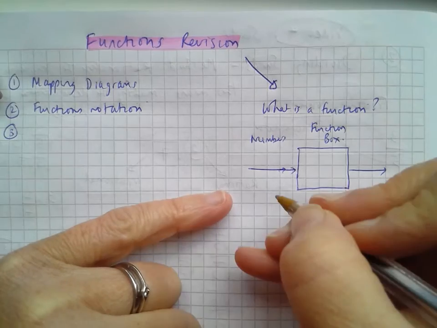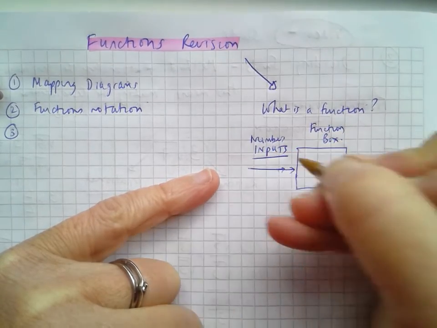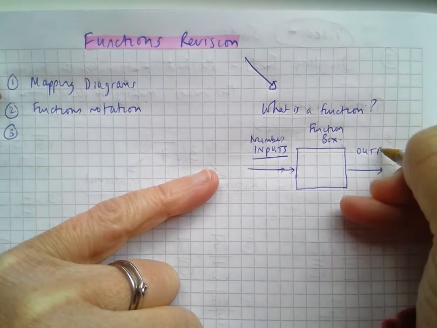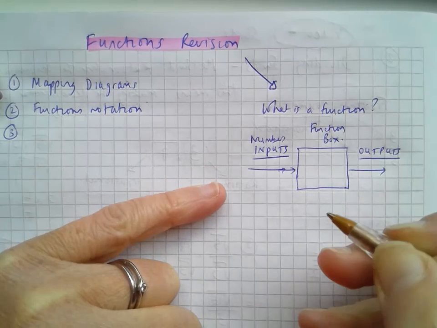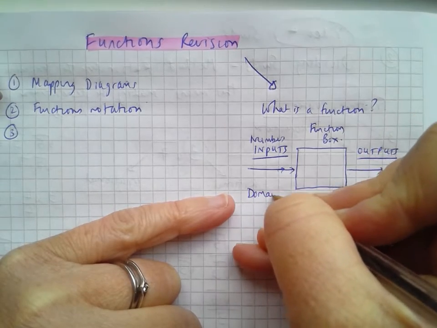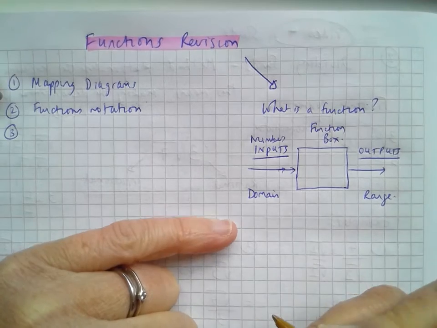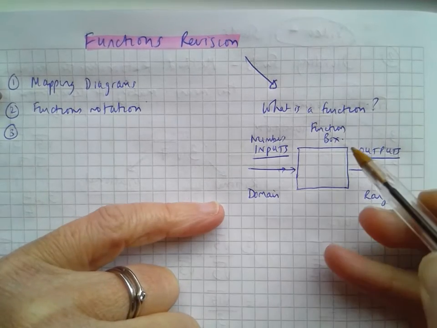The numbers we put in are called inputs and the numbers we get out are called outputs. Another name for the inputs is the domain, and the outputs are called the range. So inputs are domain, outputs are called range.